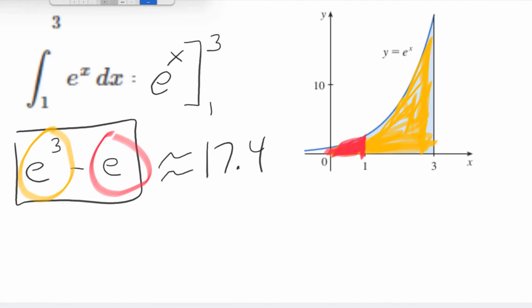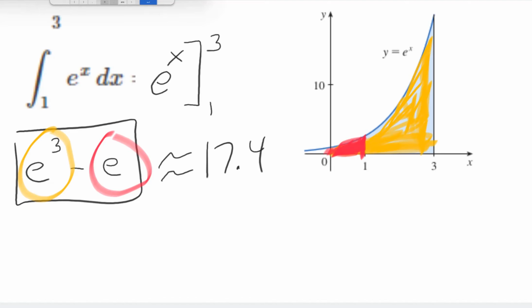So your answer in this case would be e to the third minus e. If you are going to use this in something else, and you need that actual number, then it depends on the context of what you're doing. If we're talking about money, 2 decimal places would make sense. In this case, I'd want to see e to the third minus e. If the teacher doesn't tell you what to round to, give them the exact answer.